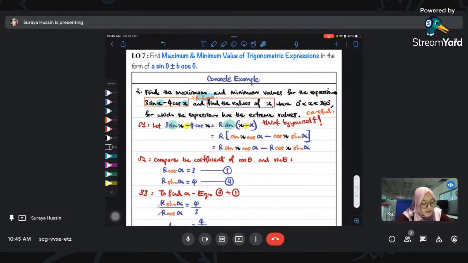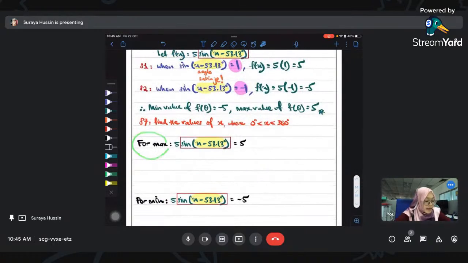So that minimum value and the maximum value akan membantu kita mencari values of X. Therefore, we just gotta use the maximum value and the minimum value that we have and then equal it to the R form kita, demi mencari X. We gotta play with the max and the min again.